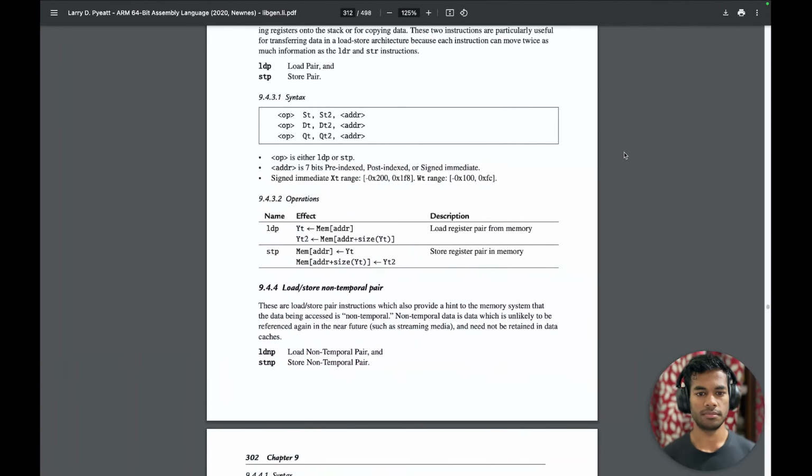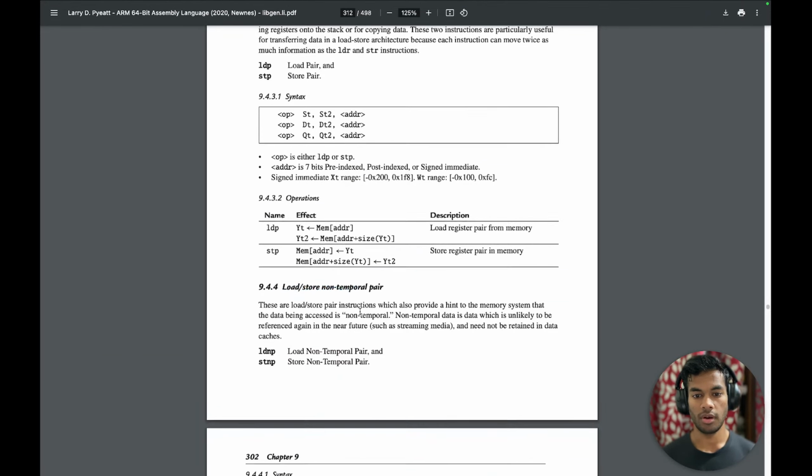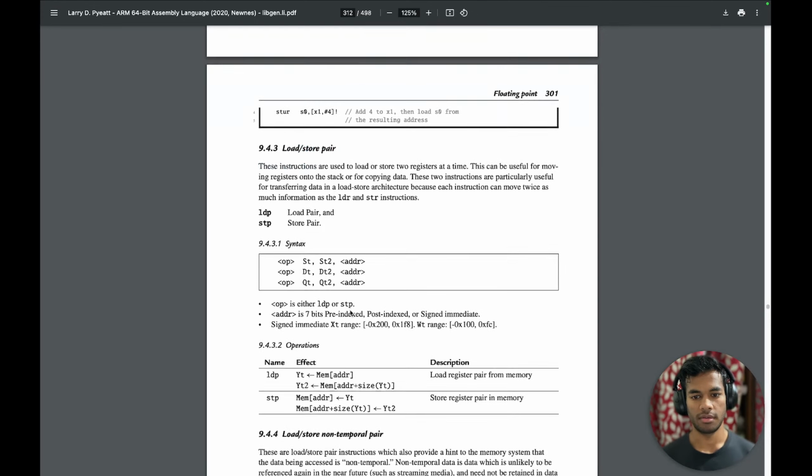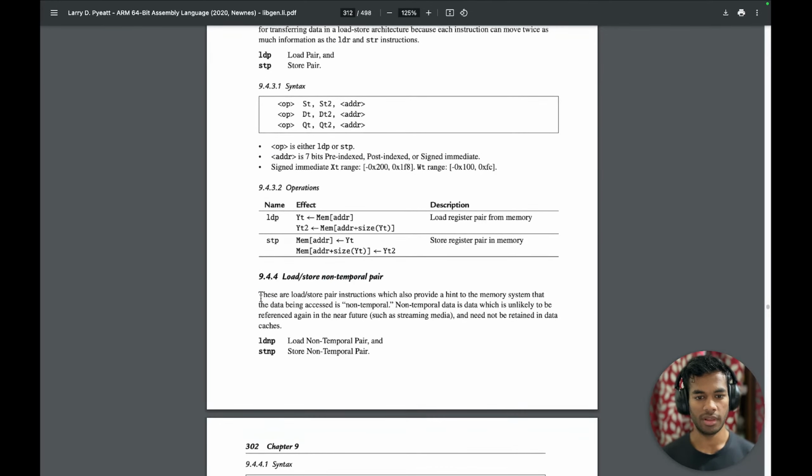And here we are. This load store non-temporal pair. What is temporal pair to begin with? There are load store pair instructions which also provide a hint to the memory system that the data being accessed is non-temporal. Non-temporal data is data which is unlikely to be referenced again in the near future, such as streaming media, and need not be retained in memory caches.